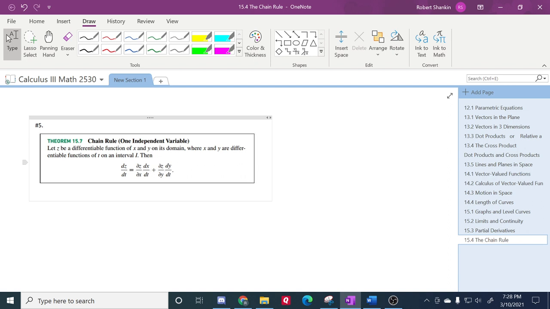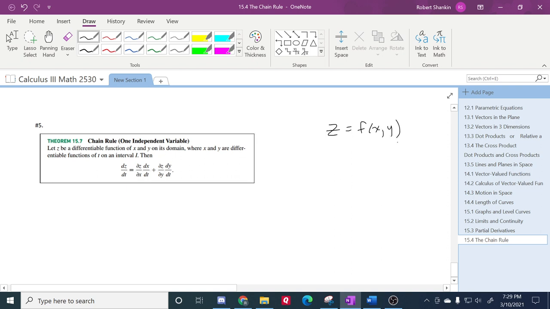Now, if you only had a function and this was not defined in terms of t and that was not defined in terms of t, then there's no chain rule. Only when you have both of these things happening, where z is a differentiable function of x and y, and x and y are functions of little t.